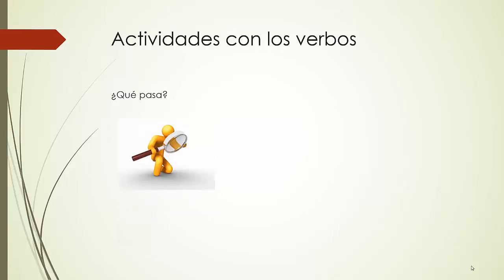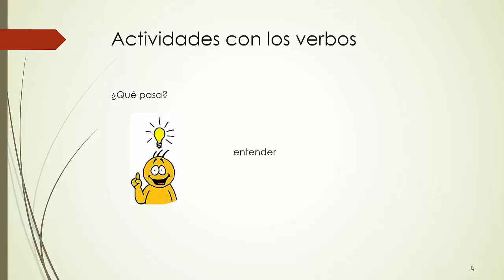Próximo. ¿Qué pasa? What's happening? This guy finds something. Encontrar. Próximo. ¿Qué pasa? This guy, I think he understands something. These pictures are even hard for me. Don't worry, I'm not going to test it this way. Yes, entender. He understands something.